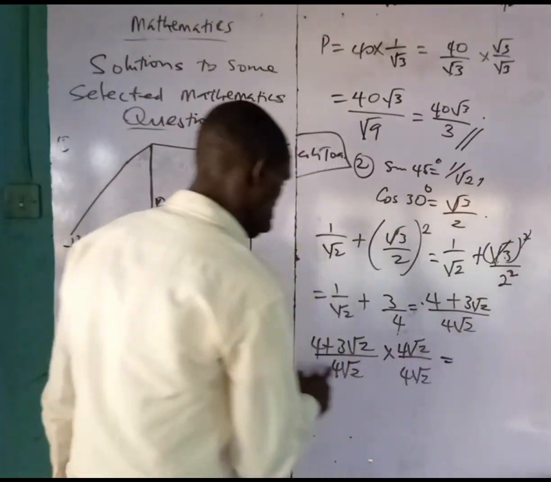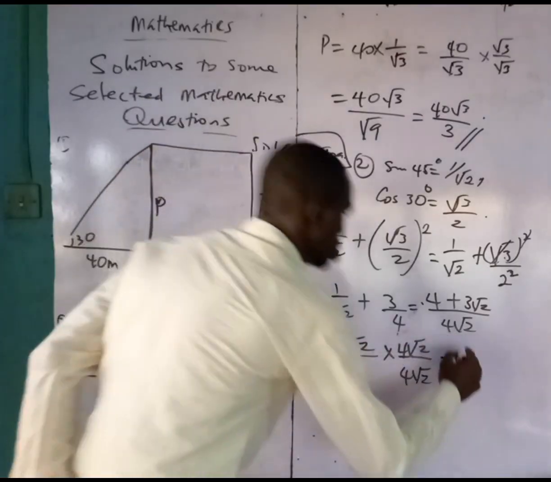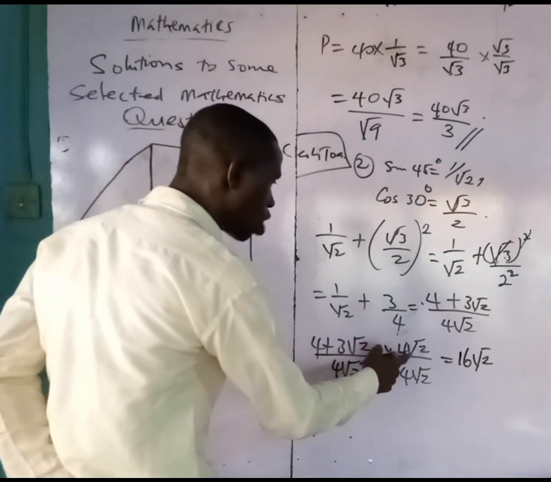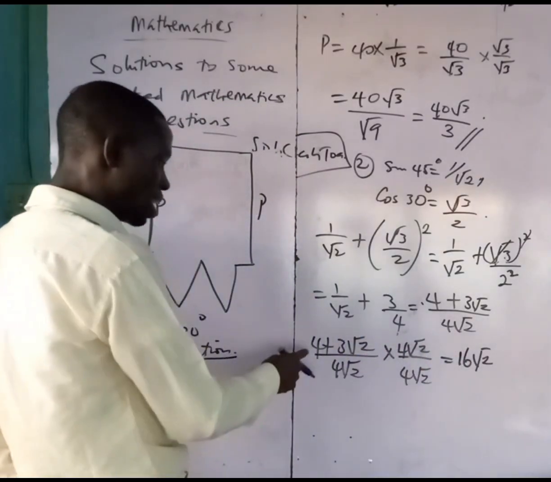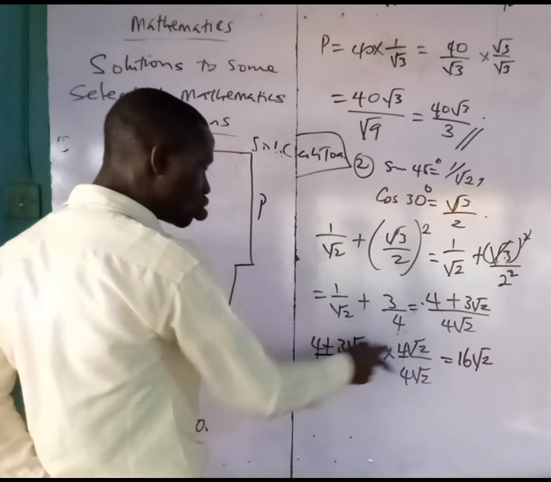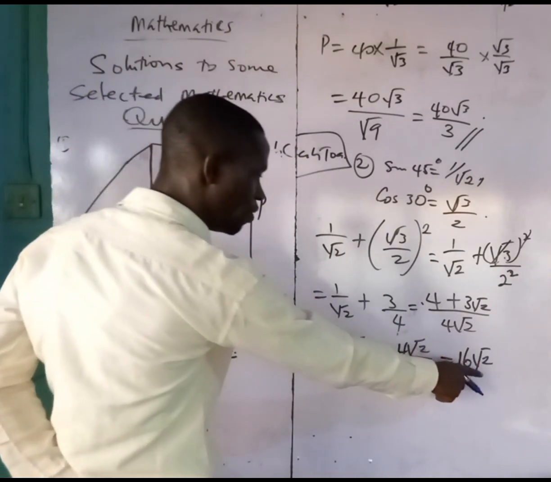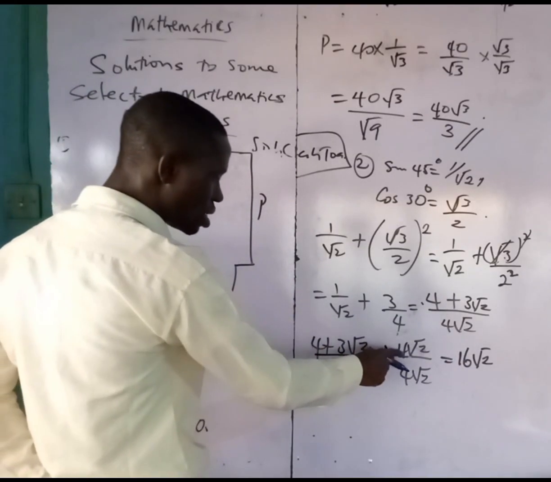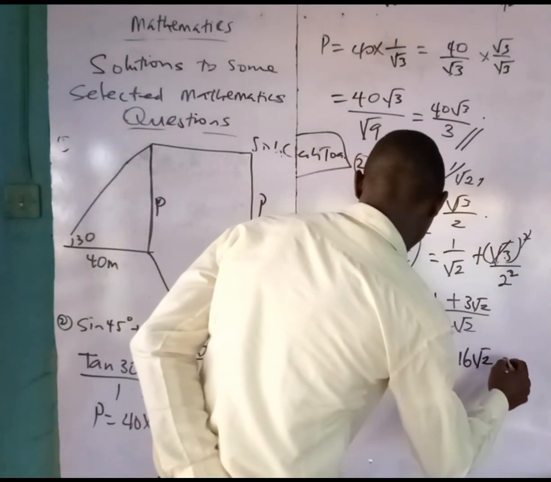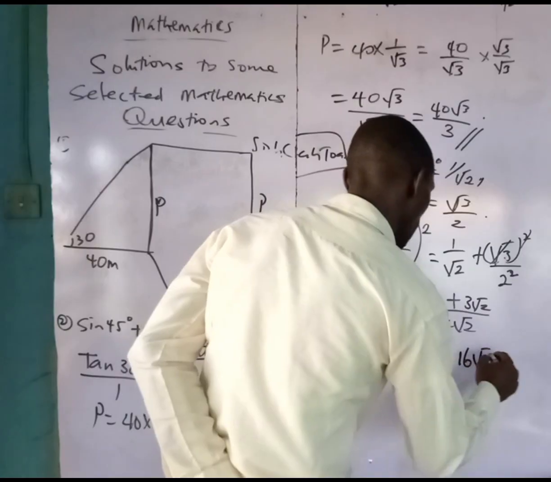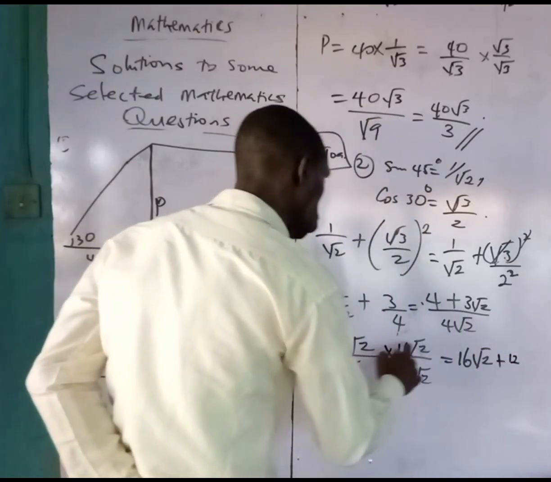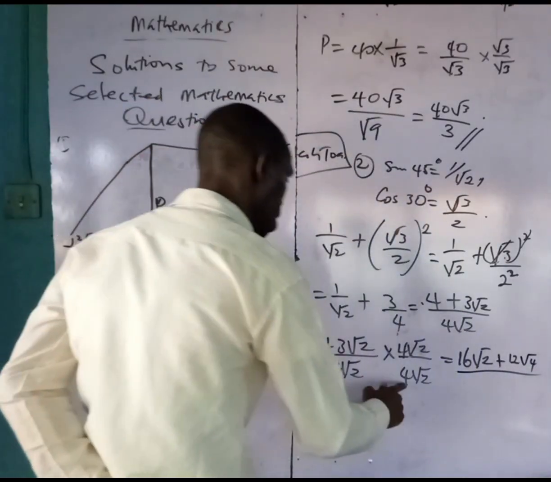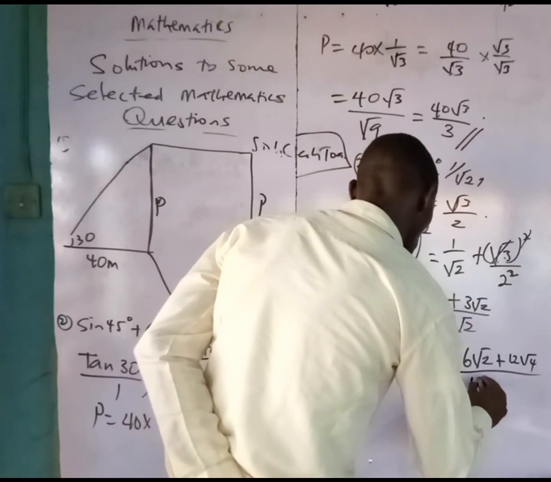So now this will give us 4 times 4 root 2. That will give us 16 root 2. That is, the one outside will multiply the one outside. Root is supposed to multiply root, but because this one does not have root, we leave it like that. This other one, 3 times this now, will give us plus 3 times 4, 12, root 2 times root 2, root 4, over 4 times 4, 16.